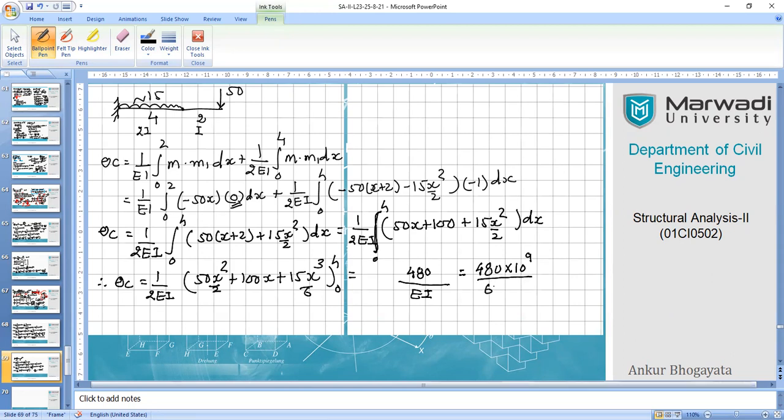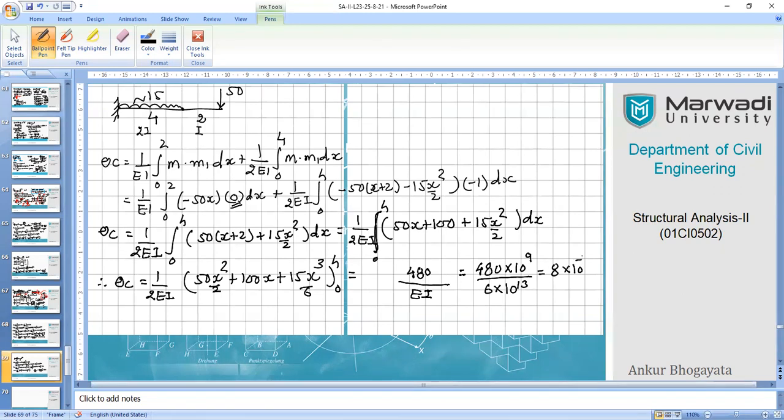And this is 6 to the power 13, right? So now we know what to do, what not to do. So 480 divided by 6, that is 80, divided by 1, 2, 3, 4, 5.